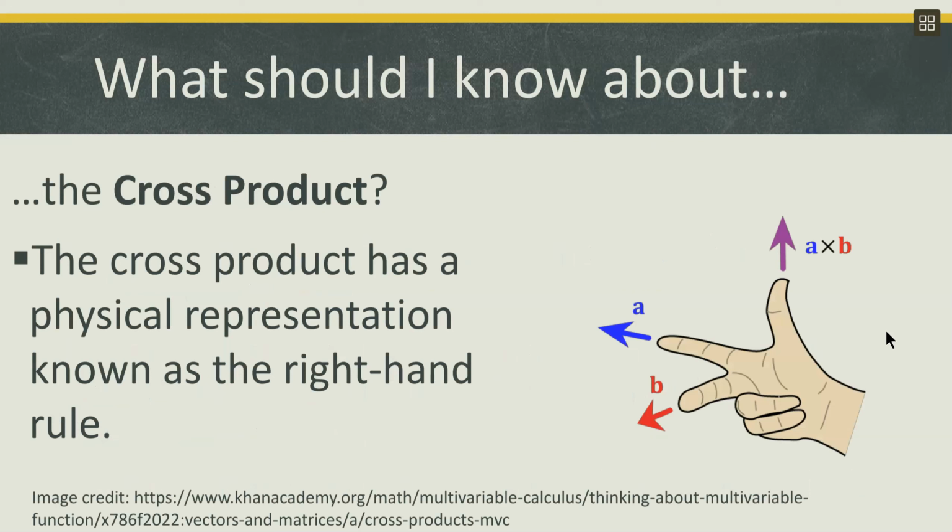Now, interestingly enough, the cross product does have a physical representation, if you will, and that's known as the right-hand rule. So if you were to take a right hand and point your index finger in the direction of the first vector in the cross product, and take your middle finger and point it in the direction of the second vector in the cross product, pointing your thumb outwards would indicate the direction of that cross product vector.